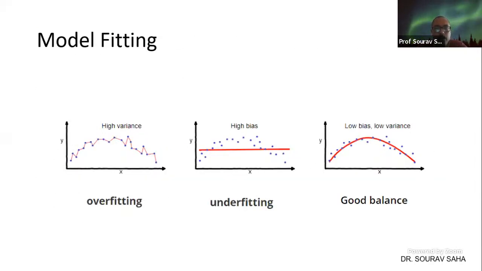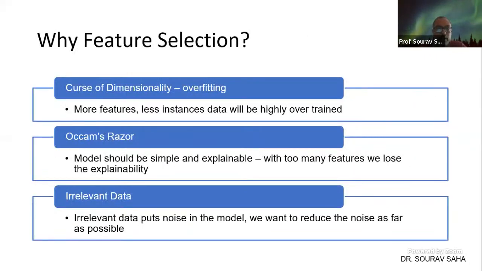And then we discussed these three diagrams: overfitting, underfitting, and a good balance. And then we came to the feature selection part.